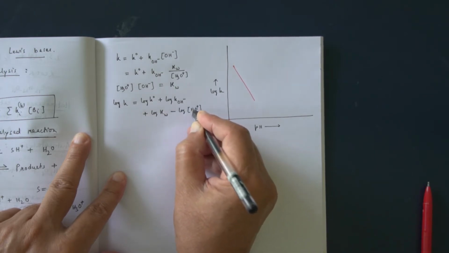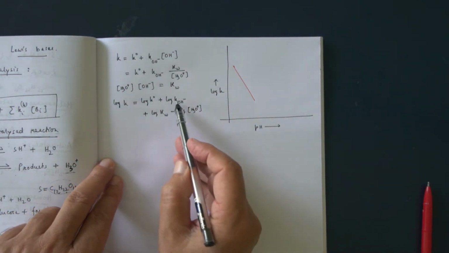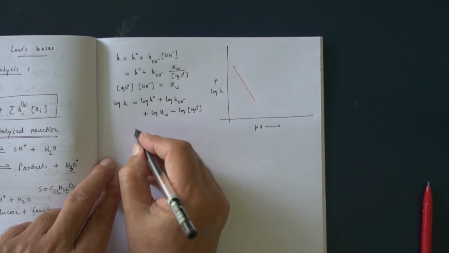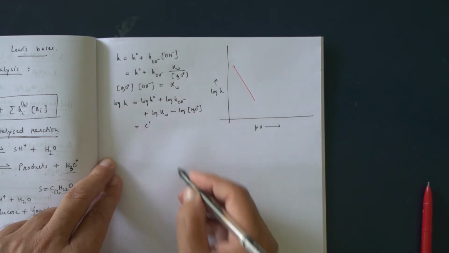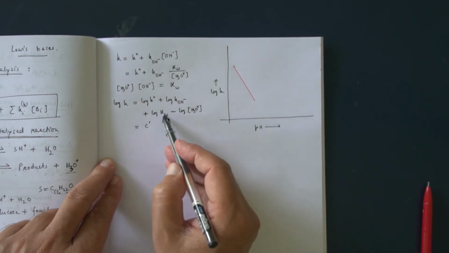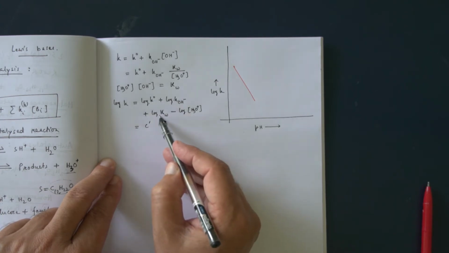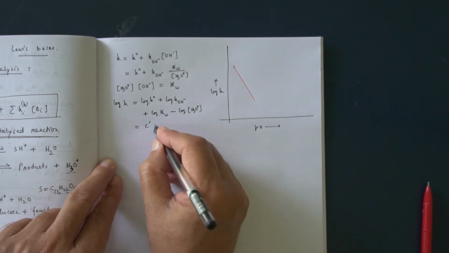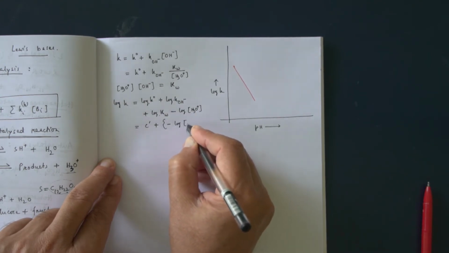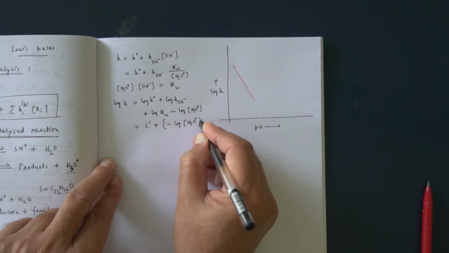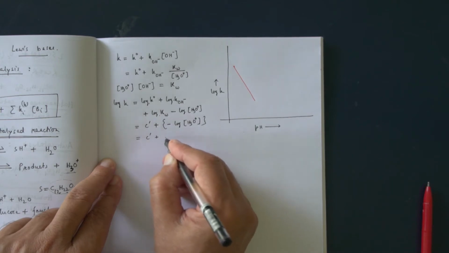Once again, this is a constant, so I can write this as, say, C dash. So I can write this plus this equal to C dash. So this is plus, minus log of hydronium ion concentration, and that is equal to C dash plus pH.